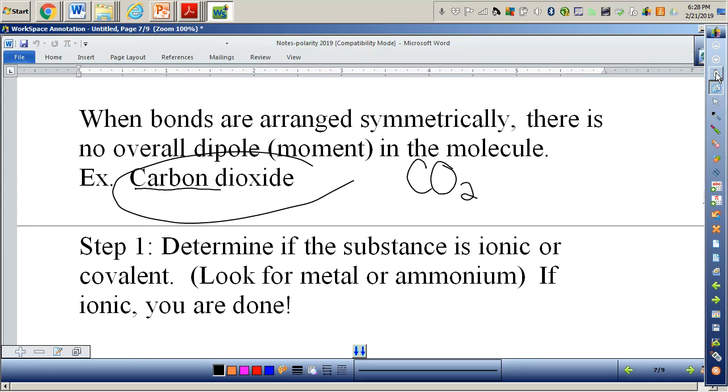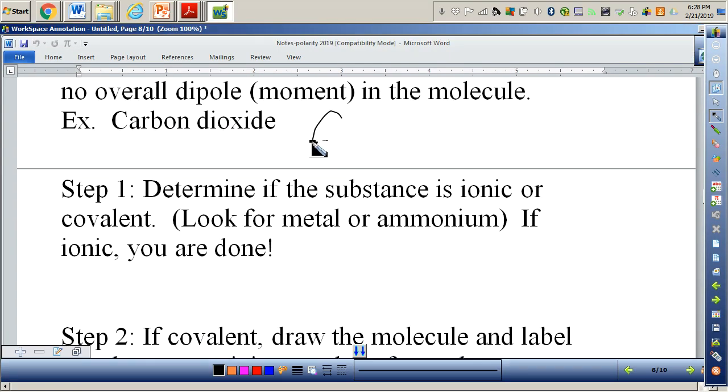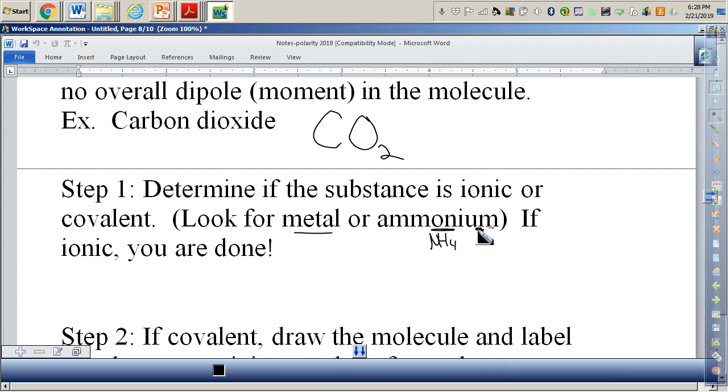So the first thing you want to determine is whether the substance is ionic or covalent. You're going to look for a metal or ammonium, that's NH4+, with some other negative ion, like ammonium chloride. If you have ammonium or a metal, then it's ionic.